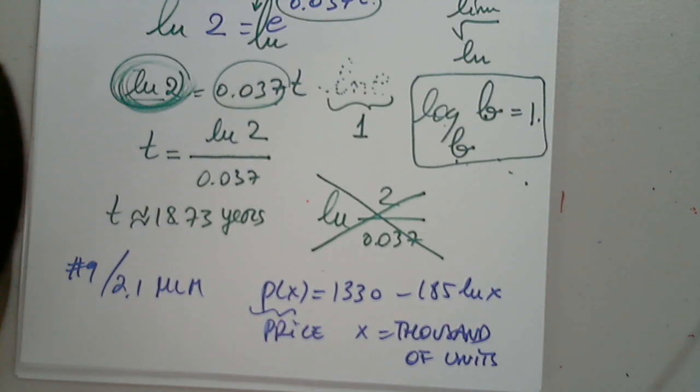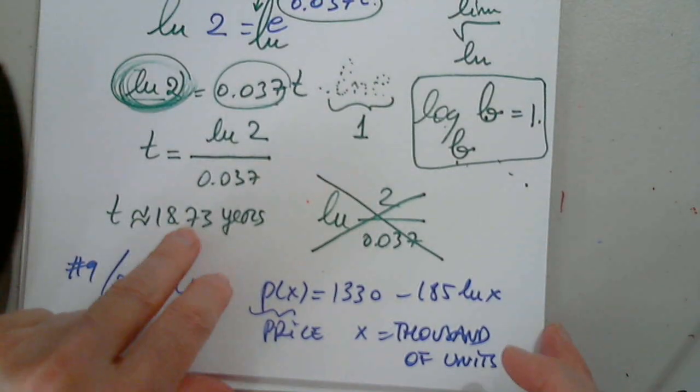So you're asked to find the price when they sell 390,000 units. But X is in thousands, so we have to enter it as X equals 390. They're trying to trick us here. What price corresponds to a demand of 390, but we have to replace X by 390, not by 390,000.